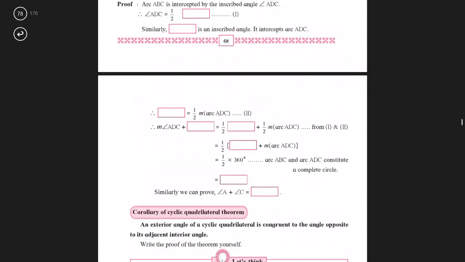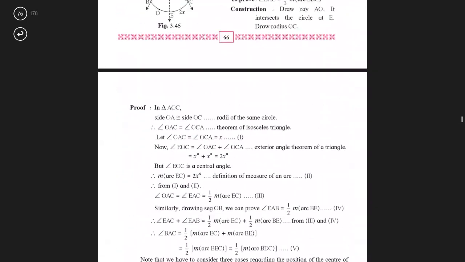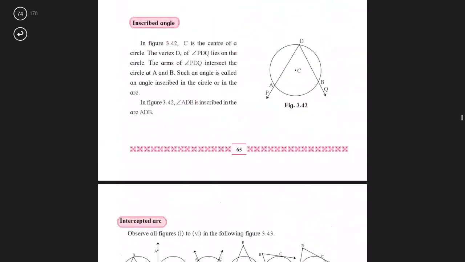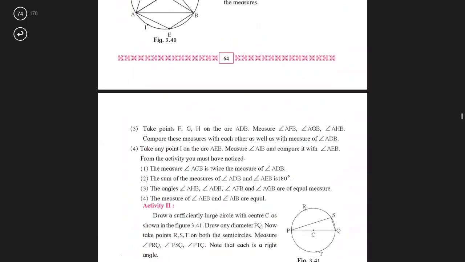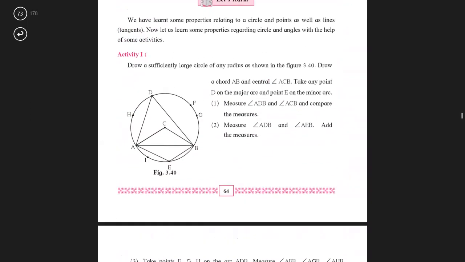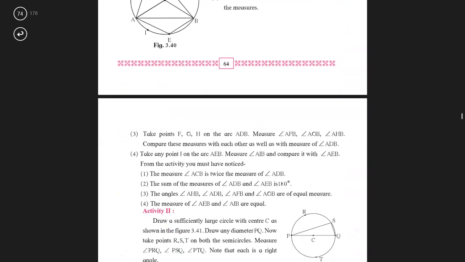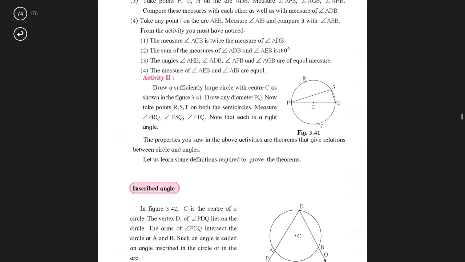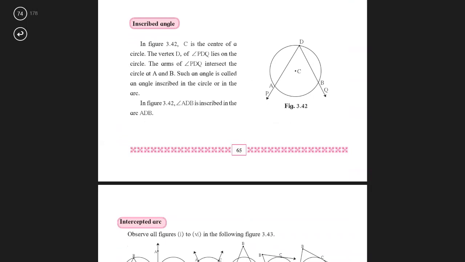Okay. Now to begin with, you will first write this inscribed angle. These activities were just for you to understand the theorems that you're going to write. So you don't have to write this. What you will write in your classwork is first this inscribed angle. You will write the heading inscribed angle.